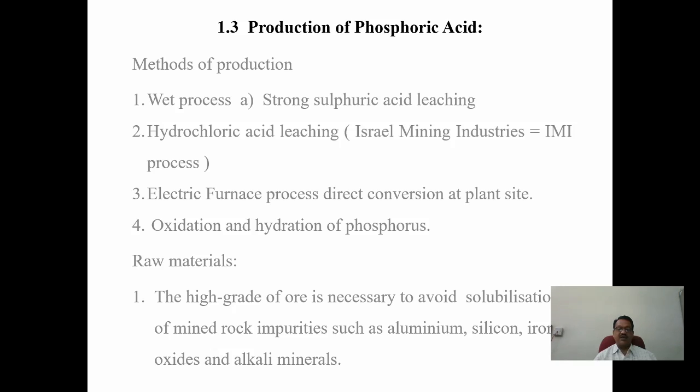Then we'll see the raw materials for the wet process, that is the strong sulfuric acid leaching process. Here high grade phosphate rock is necessary, to avoid solubilization of mined rock impurities such as aluminium, silicon, iron oxide, and alkali minerals.